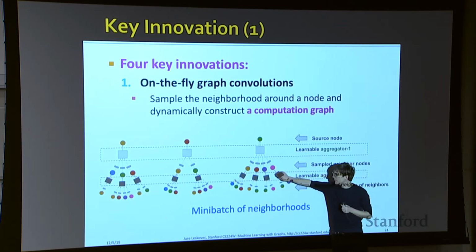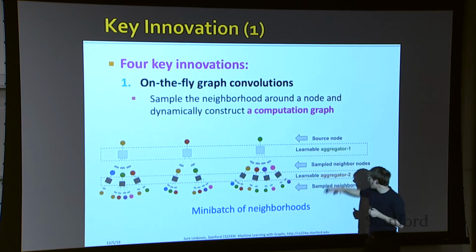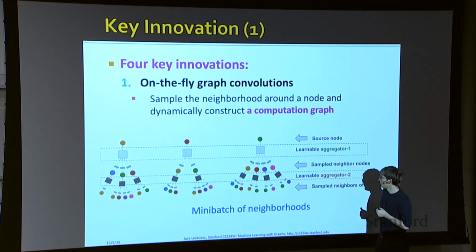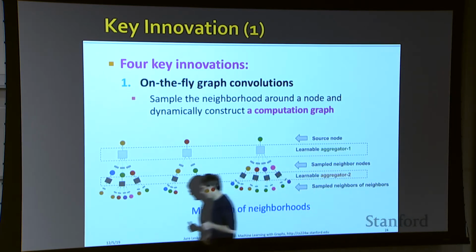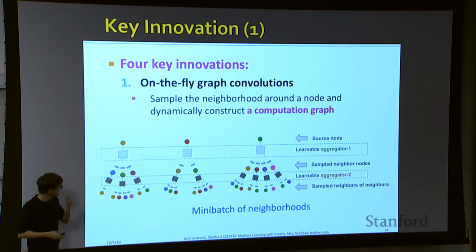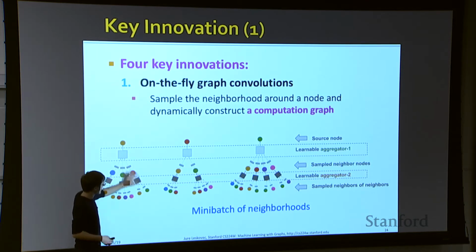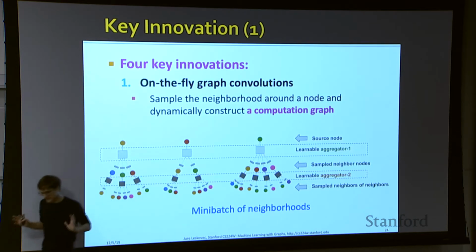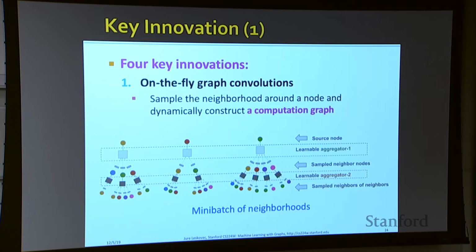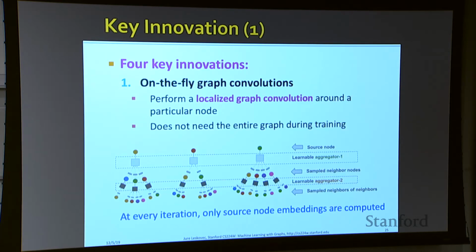There will be some way to aggregate features from the neighbors and transform them, and these two will be learned. Now we will be able to generate a lot of these small computation graphs and send them to the GPU for processing.